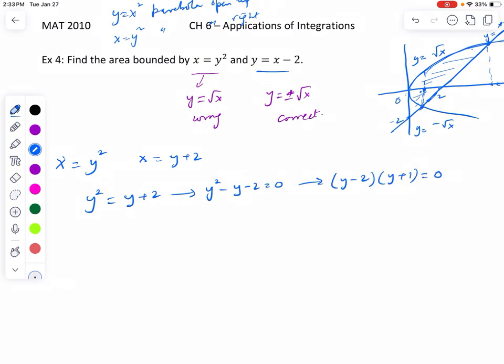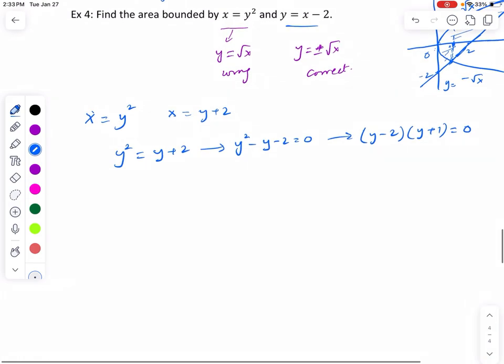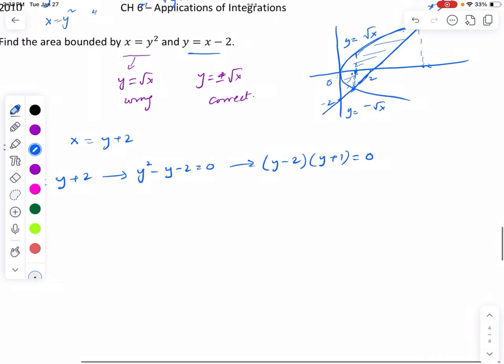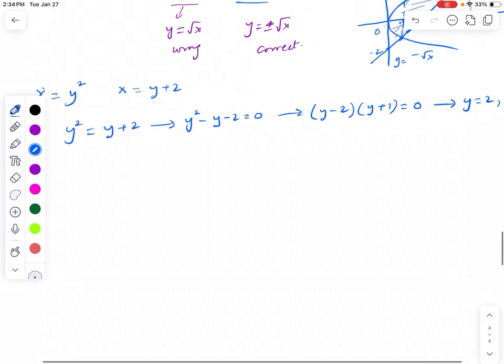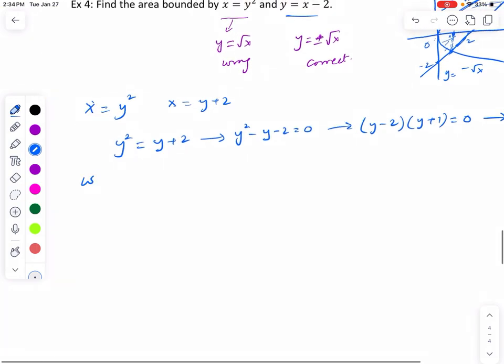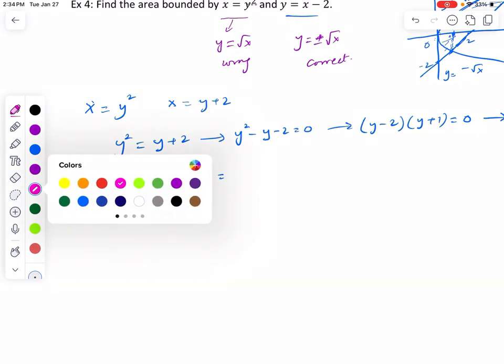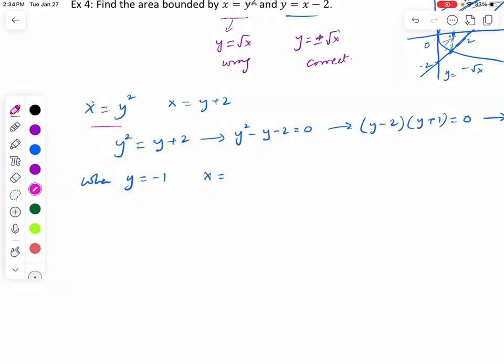Now using these values of y, we can find our x. So when y is negative 1, x equal to, well, you can use any of these equations, you plug it in here. Y is negative 1, so x is y squared, so it will be negative 1 whole squared, so 1. And when we plug it in the next one, x is equal to negative 1 plus 2, which is 1.